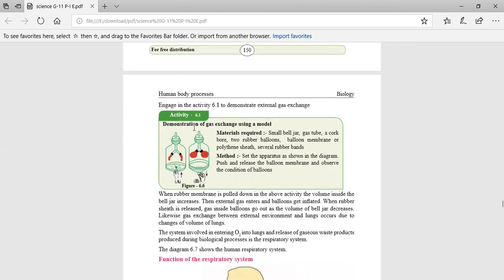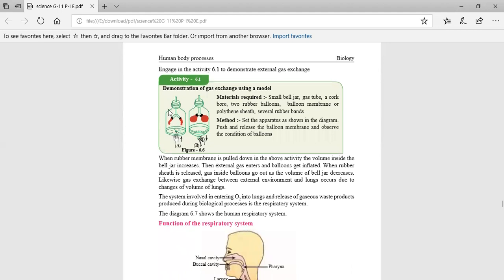Then here is a demonstration. It is a study about the thoracic cavity in our body. Inside the thoracic cavity, there are two lungs like this.